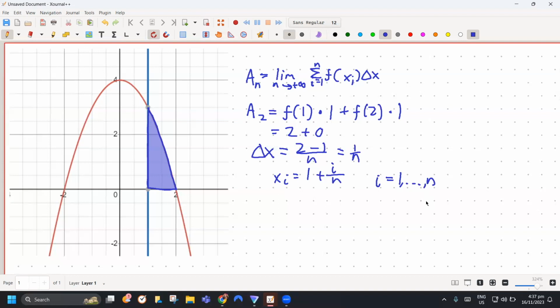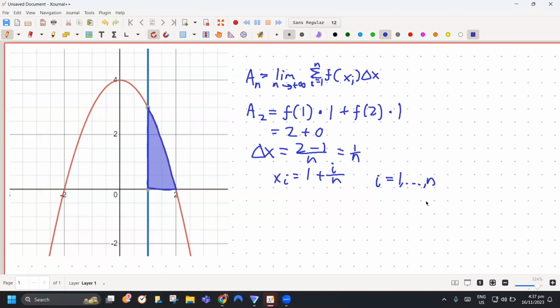So for the case n equals 2, do we get the expected result? 1 plus 1 half when I equals 1, 1 plus 2 over 2 when I equals 2. Tama. Dun mo i-evaluate yung function, for inscribed.